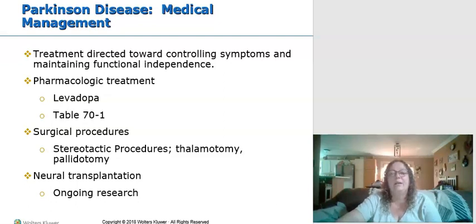So the medical management treatment is directed towards controlling symptoms. Initial treatment is typically with anti-Parkinson medication, levodopa, followed by dopamine agonist when levodopa becomes less effective. So you can do levodopa, dopamine agonist, glutamate antagonist, anticholinergics, potentially Cogentin.